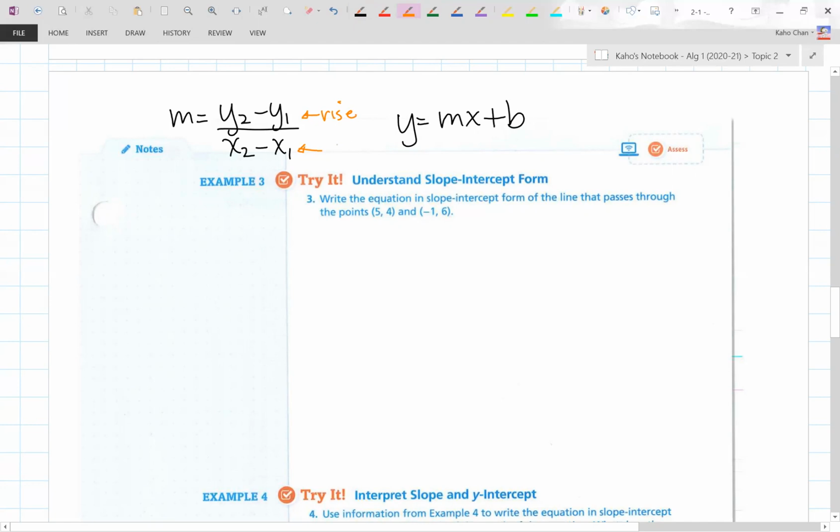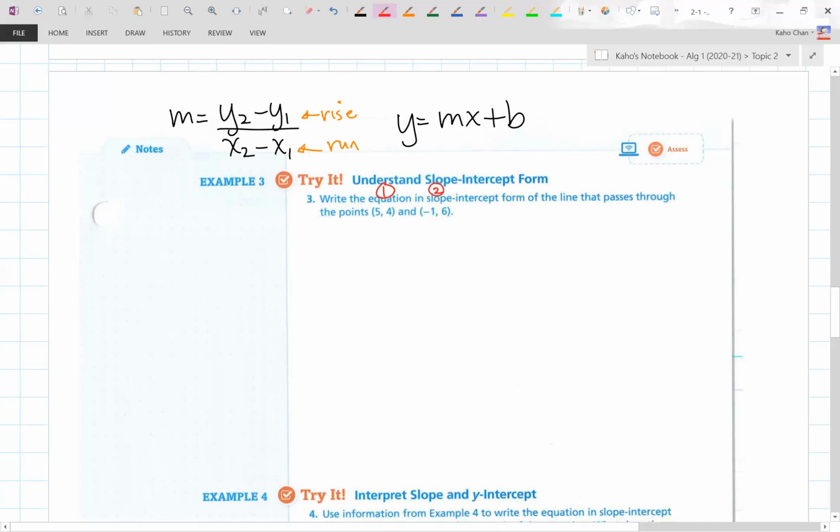Rise are the y values, run are the x values. Those subscripts 1 and 2 are referring to the point value. (5, 4) in example 3 could refer to my first point of the line through which it crosses, and (-1, 6) could be referring to the second point it crosses.